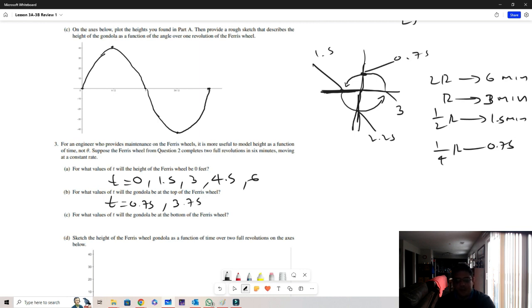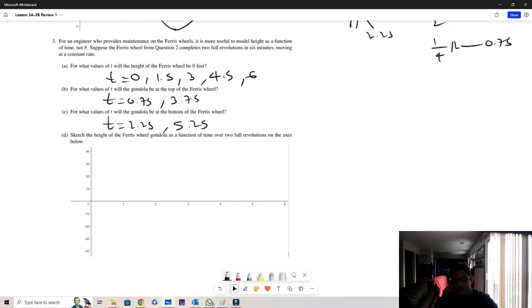and also 3.75, which is 0.75 plus a full turn of 3 minutes. On the other hand, to reach the bottom of the gondola, it has to be 2.25, which is the initial point where it gets to this point, and then 5.25 as well, which is 1 full turn again. That's going to help me have enough points to plot this.